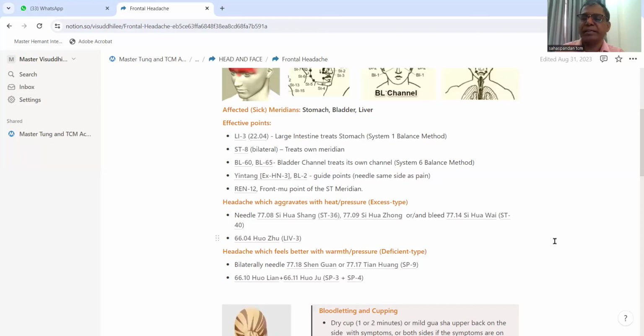This is ST40 and 66.04, this is liver 3. If the headache is increased by heat and pressure, it is the excess type. And if the headache feels better with warmth and pressure, that is the deficient type.